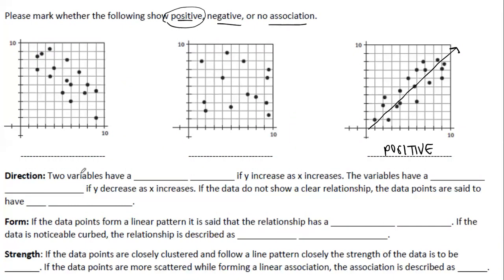And right here, this will go with the direction. 2 variables have a positive association if y increases as x increases. So as I'm increasing on my x-axis, my y values are also increasing. This gives me a positive direction, positive trend, positive association. And remember, association means relationship. So the relationship between x and y is positive.